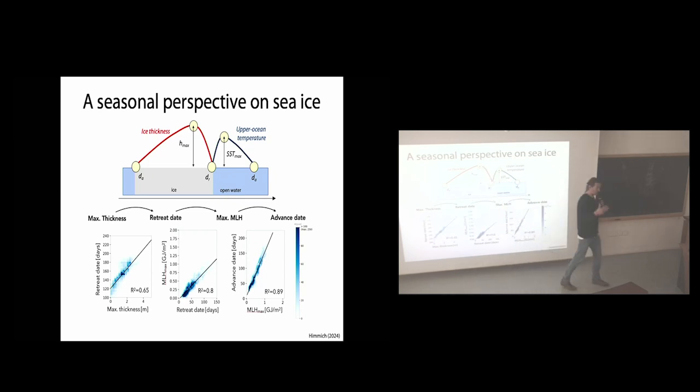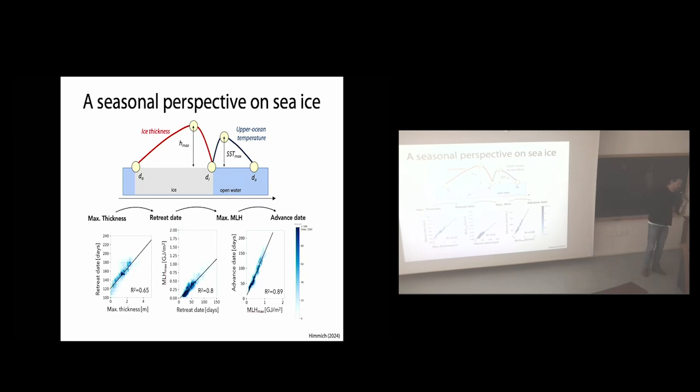And this all physically and thermodynamically makes sense because the thicker the ice, the more time you need to melt it. The later the ice retreats, the less time you have to accumulate heat in the surface ocean. And same for advance, the more heat you have, the longer you need to lose this heat.